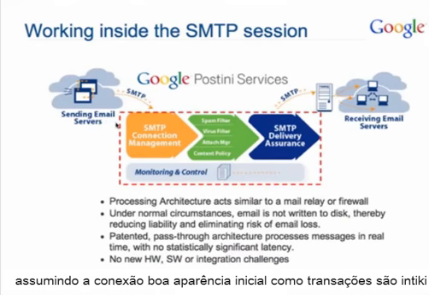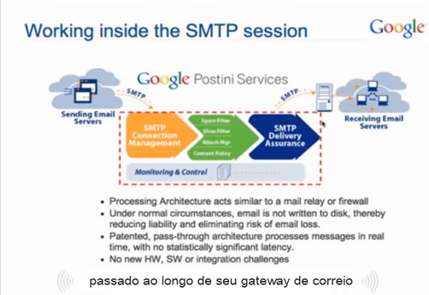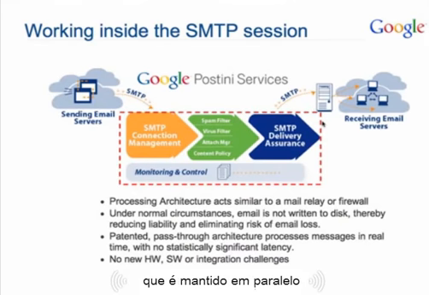Assuming the connection looks good, the initial SMTP transactions are received at the Postini proxy and then concurrently passed over to your mail gateway through an SMTP session which is maintained in parallel rather than in series.